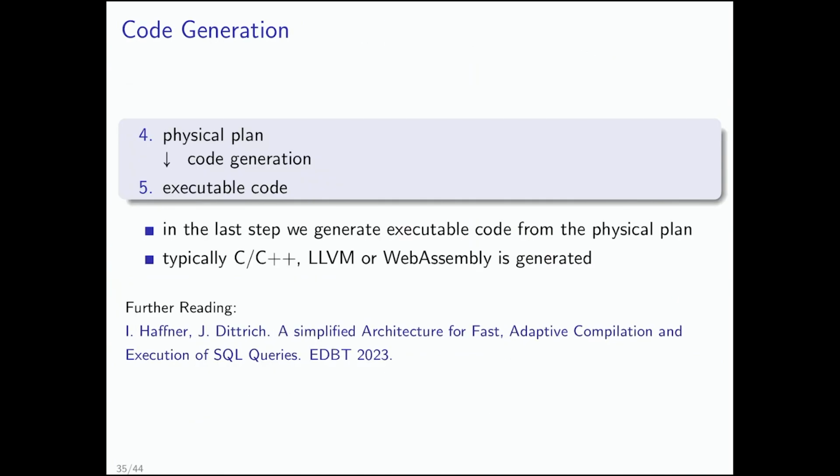So basically, we want to generate code that does the stuff that the query is supposed to do. And one way of doing that is actually create LLVM code or WebAssembly code. In that step, you could also generate C++ code and then compile it. So it's really close to what a standard compiler would be doing.